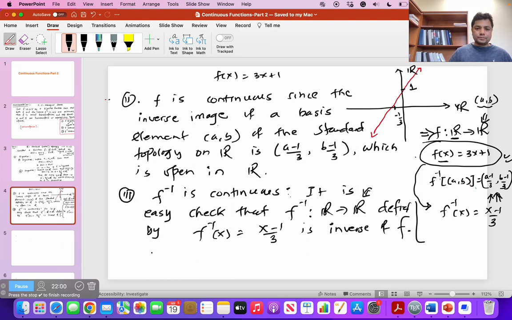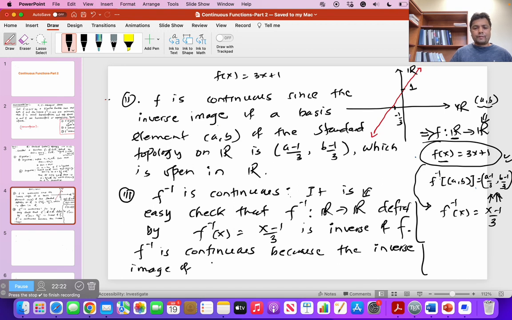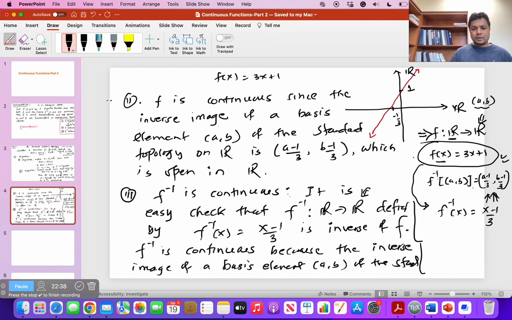So we got the inverse function. Now we can say that f inverse is continuous because the inverse image of a basis element (a, b) of the standard topology on R is as follows.